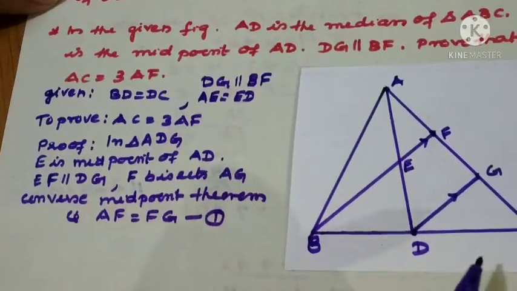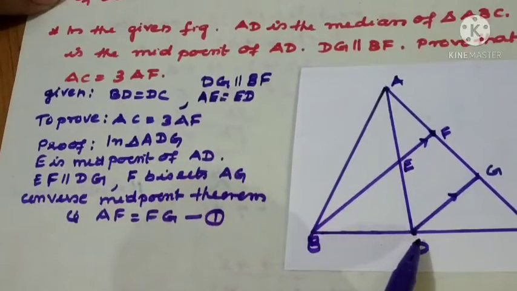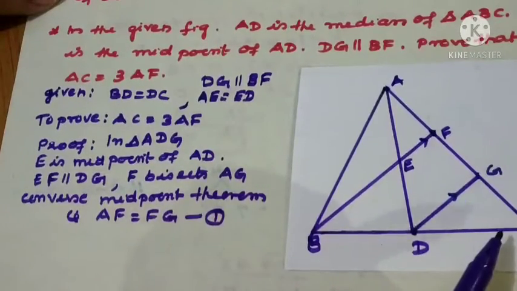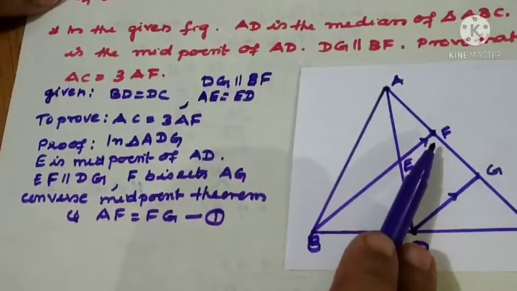Similarly, we started with E as a midpoint, and now D is the midpoint. So the triangle name changes here: it is triangle BCF.